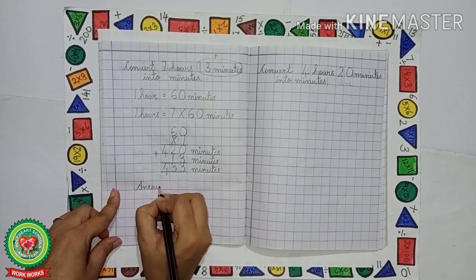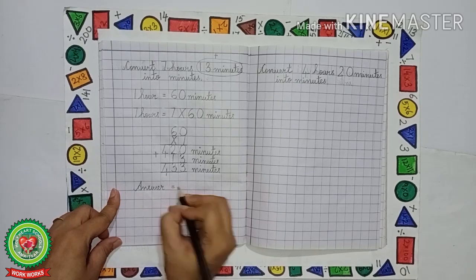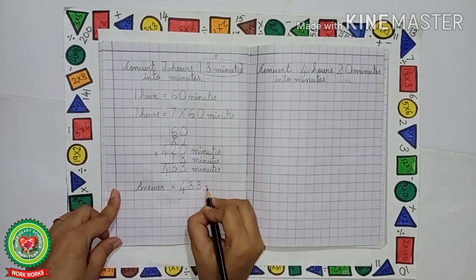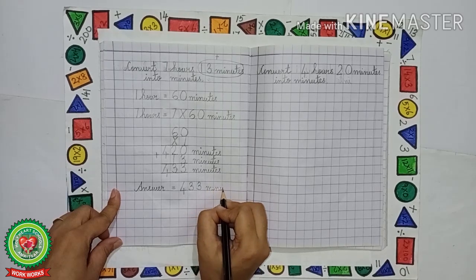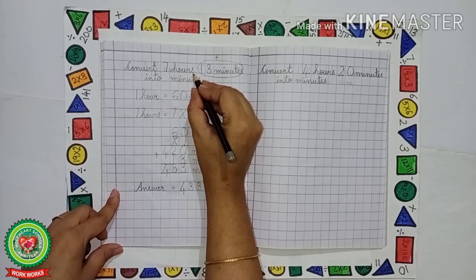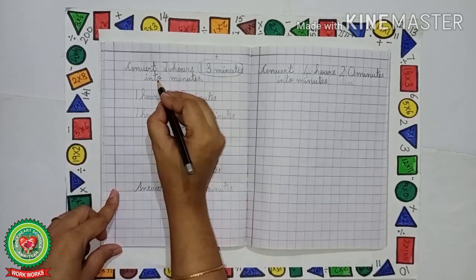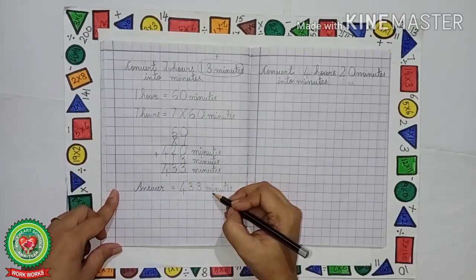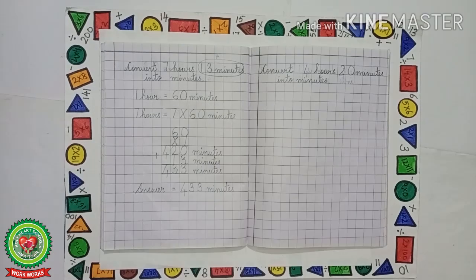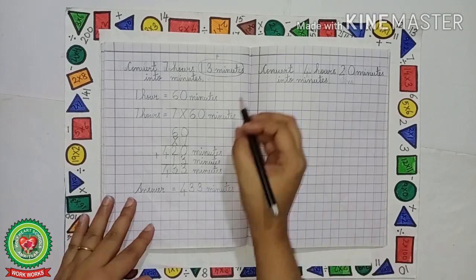Answer is equal to 433 minutes. That means when we convert 7 hours 13 minutes into minutes, we get the answer 433 minutes. Now kids, let us take the next example.